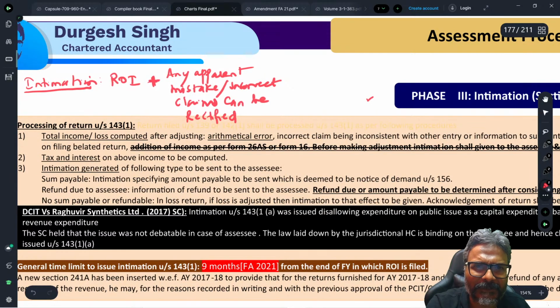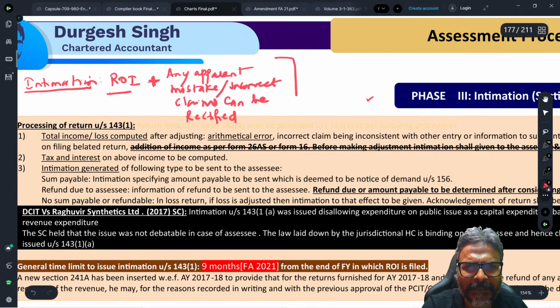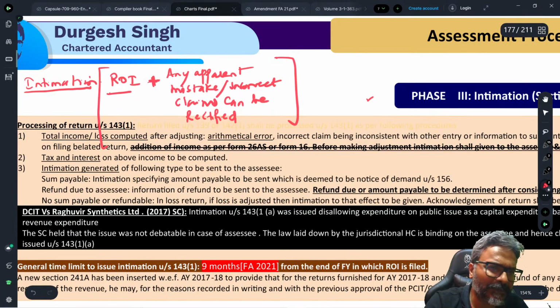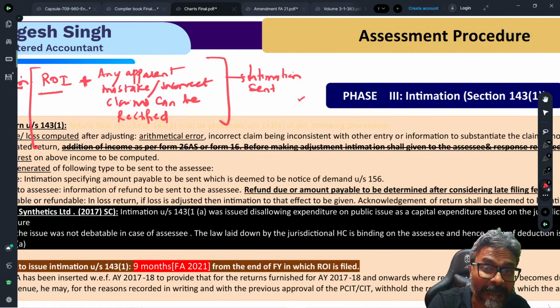And on the basis of the ROI and the rectification made on any incorrect claims or errors on the ROI, the intimation shall be sent. This is the basis of sending the intimation, students, by the way.